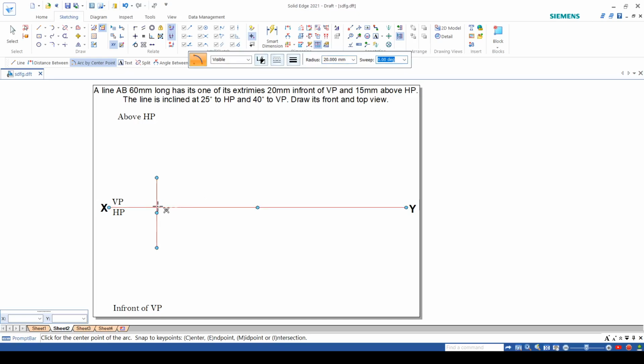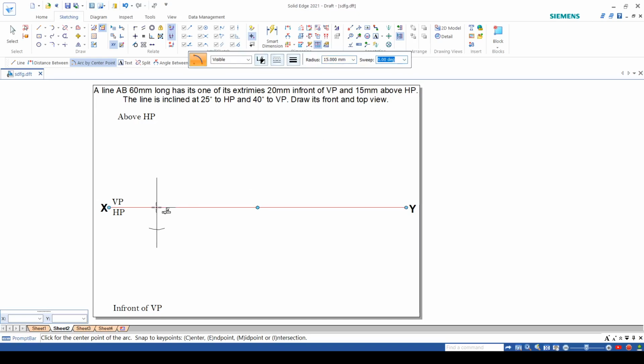So for that I would take this point. Now I would take another one. It's 15 mm above HP, so it would be 15 mm.